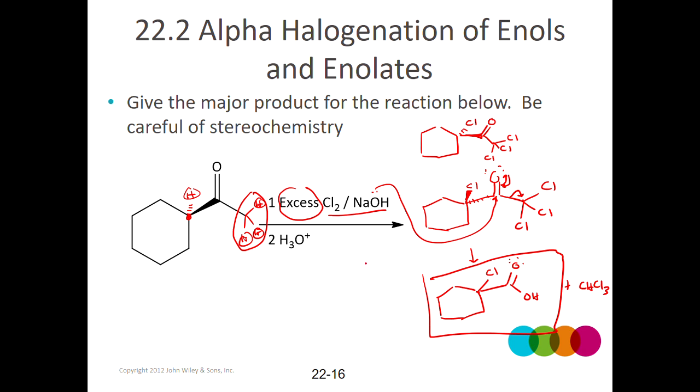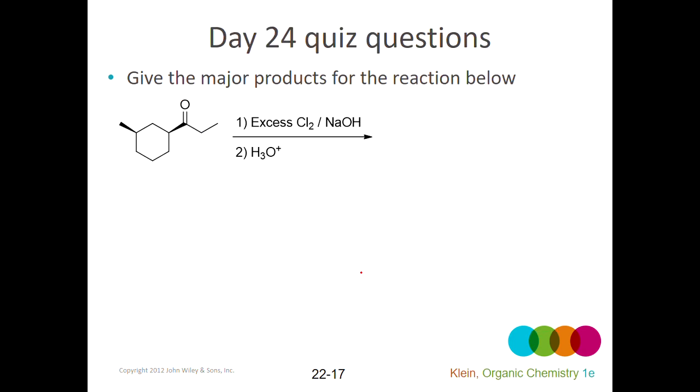So that is very similar to today's first quiz question. The difference here mainly is I don't have a methyl group. So in this specific case, there's still a proton here, but now there are only 2 alpha protons on this side.